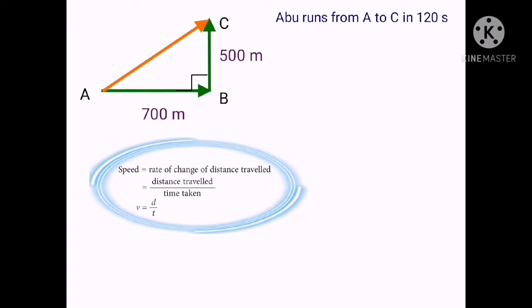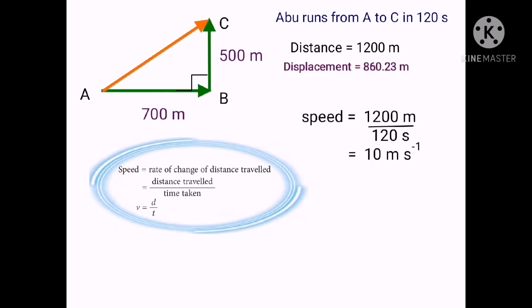So to calculate speed, simply plug in the numbers into the formula given. We know that speed is equal to distance divided by time taken. So speed would be 1200 meters divided by 120 seconds. So my speed will be 10 meter per second.